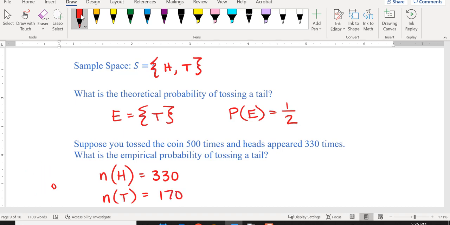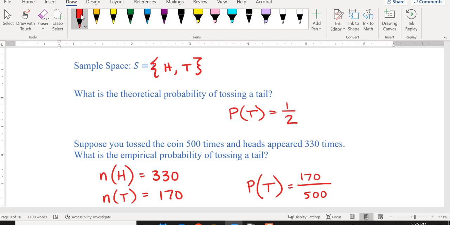Now they're wanting to know what is the empirical probability of tossing a tail. So the empirical probability of tossing a tail would be 170 out of 500. And I guess for notation, up here, if you wanted the probability of tossing a tail, it would be 1/2.